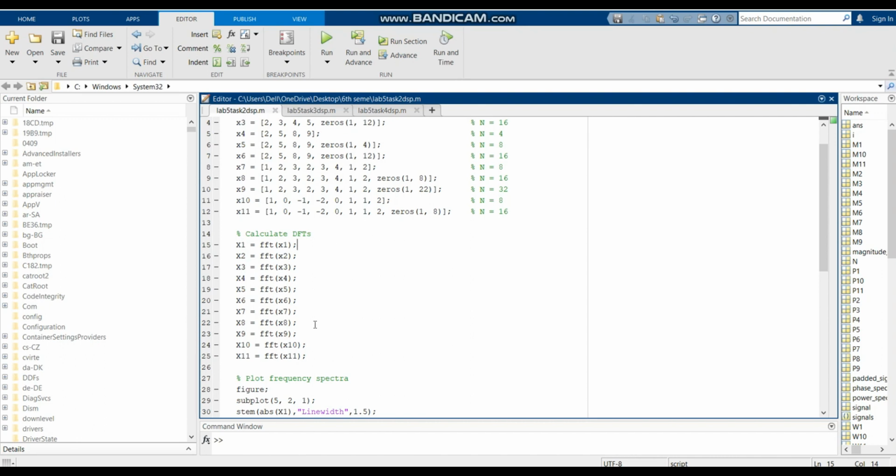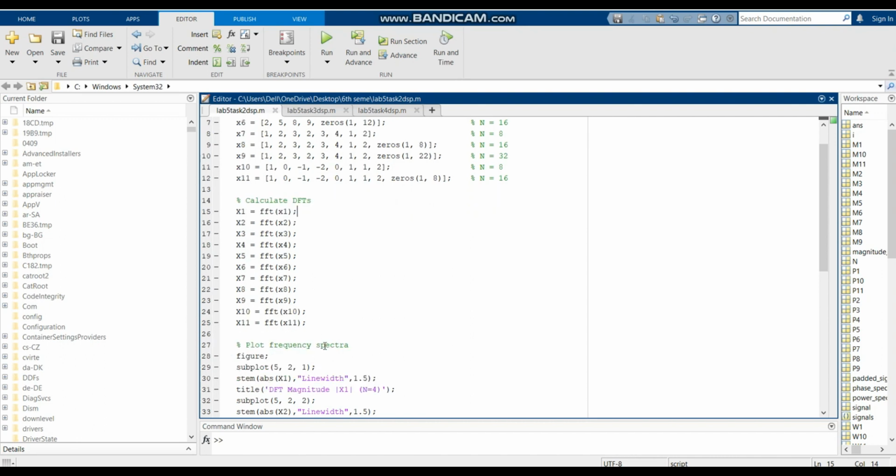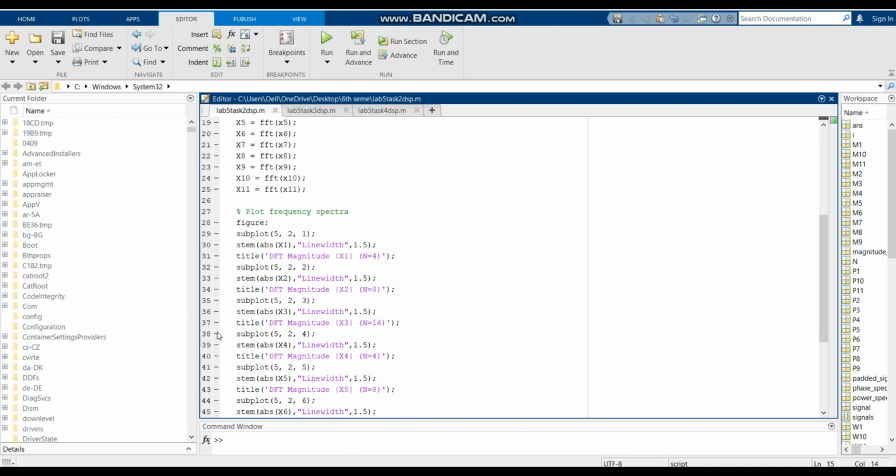Subsequently, it plots the magnitude spectra of the DFT results for each signal using the stem function, arranging them in a 5x2 subplot grid.